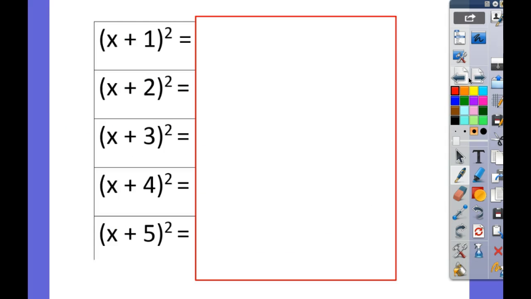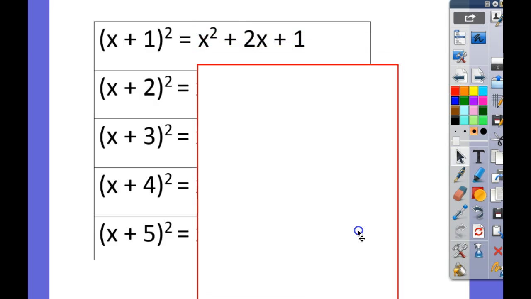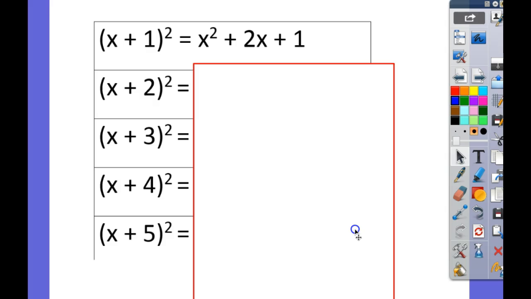Now, before we go on, we need to look at these problems that you multiplied out, and we're looking for a pattern. Who had x plus 1 squared as your box problem? And what was your answer? Anybody else have that one? Okay, x plus 2 squared. Who had that one? What did you get for your answer?